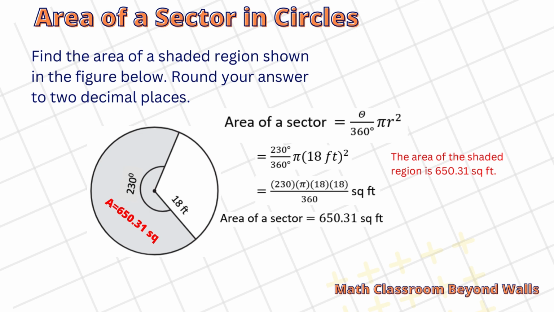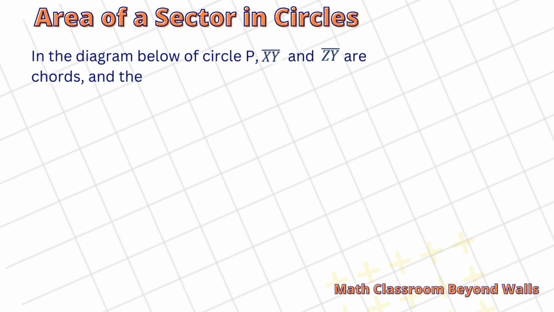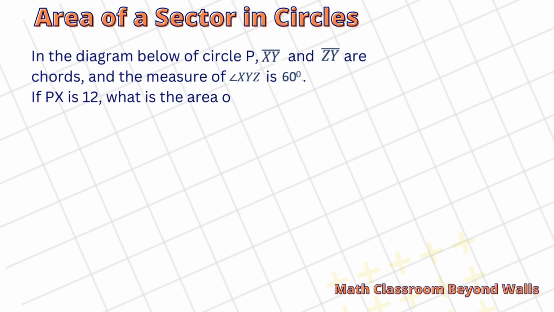Okay, let us look at this second problem. In the diagram below of circle P, segment XY and segment ZY are chords, and the measure of angle XYZ is 60 degrees. If PX is equal to 12, what is the area of the shaded sector PXZ?